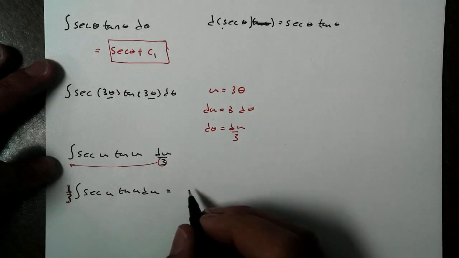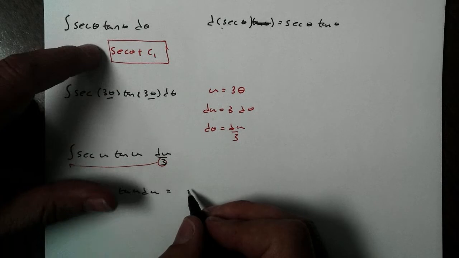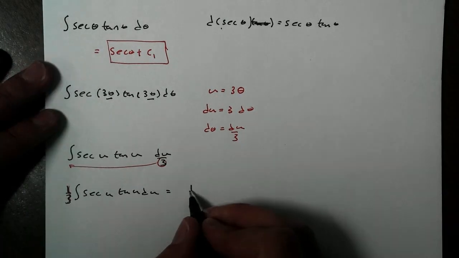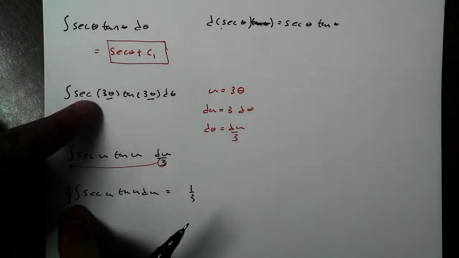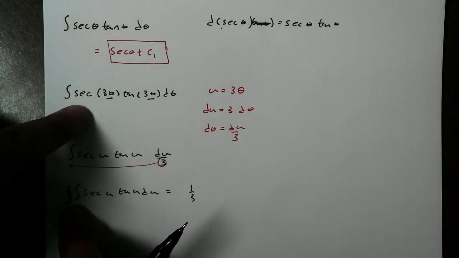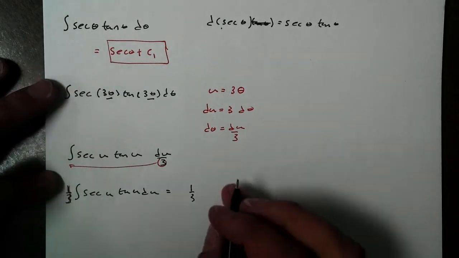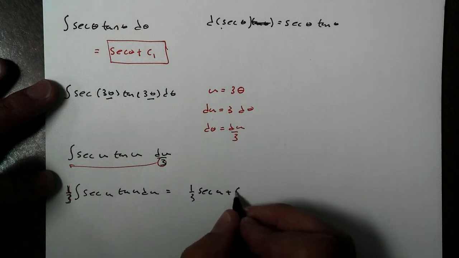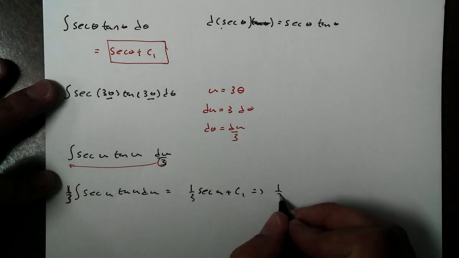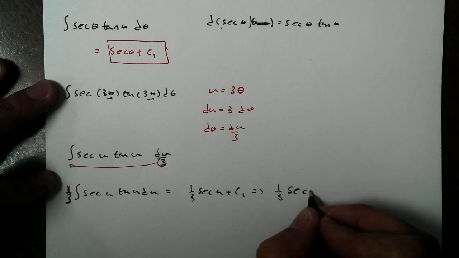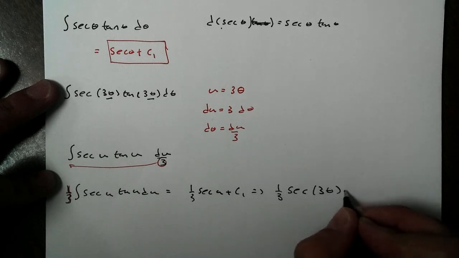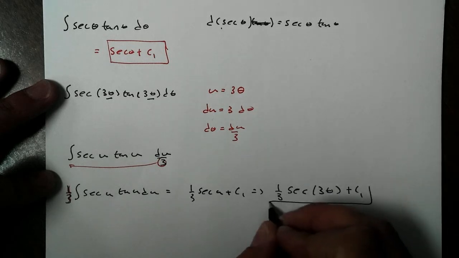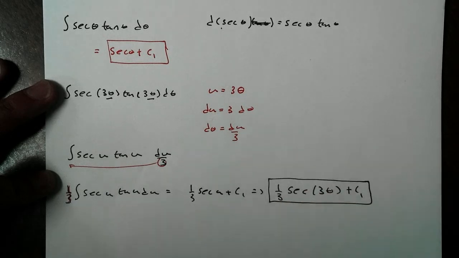And I can integrate this. The antiderivative of secant tangent we know is secant, but we got that 1/3 this time. This is what the composite does to it. This is what our inside function does. We just get 1/3 of our answer here. We get 1/3 the secant of u plus c1, which of course is 1/3 the secant of, well, u is 3 theta, plus c1. And there's our rule for this.